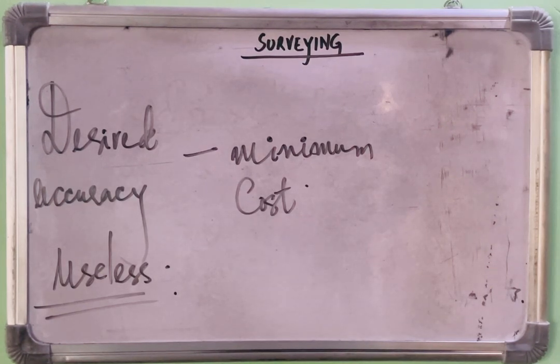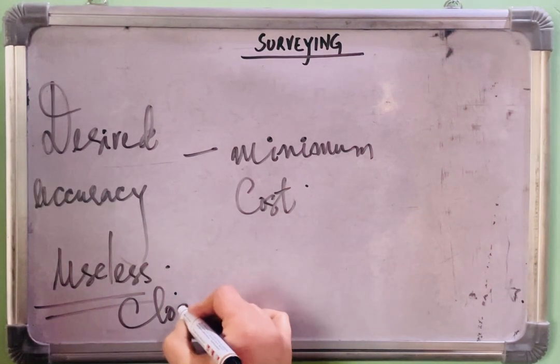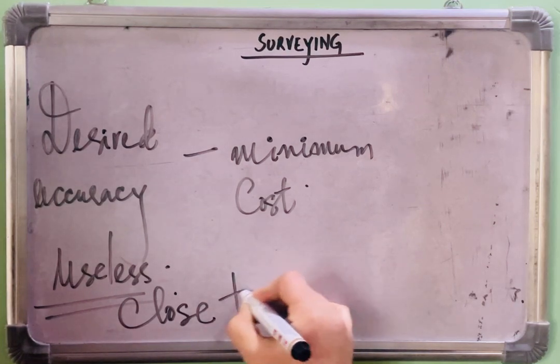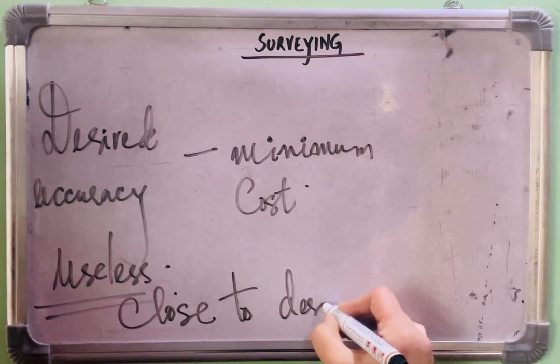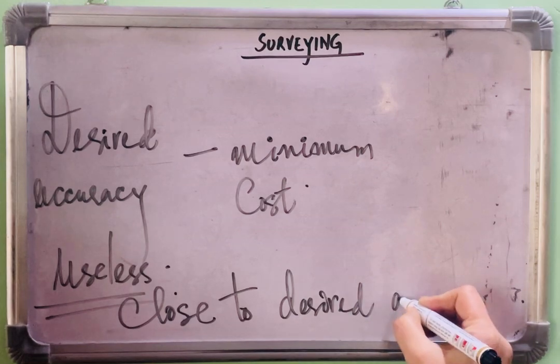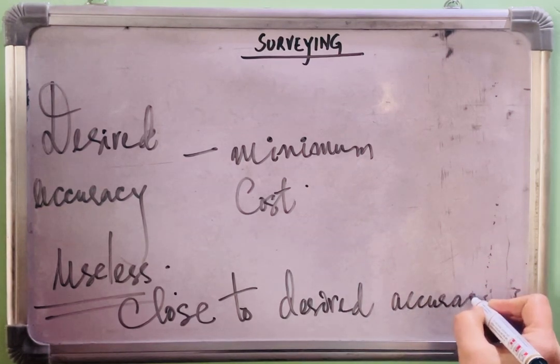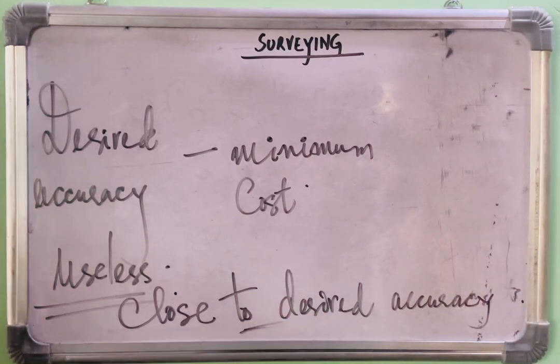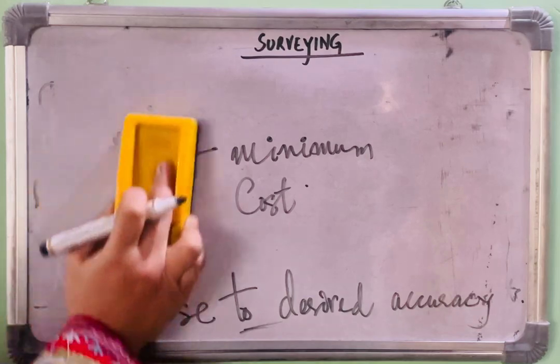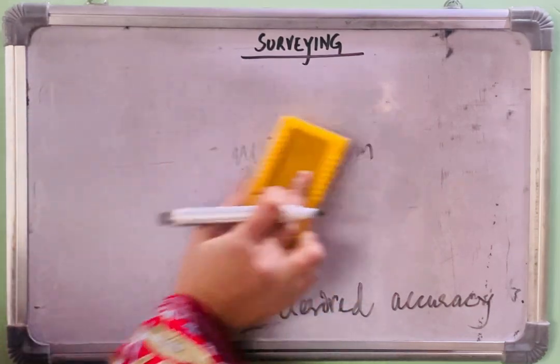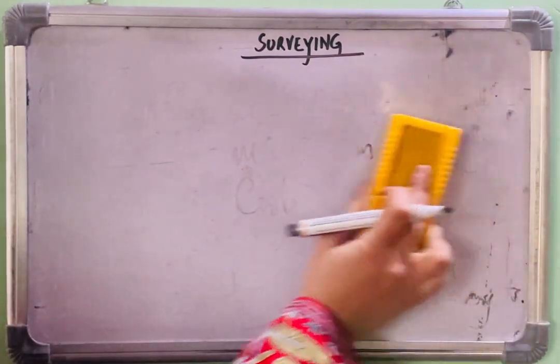So in the interest of speed and economy, a surveyor should always work as close to the required accuracy as possible. Right? So this forms the second principle of surveying, that is always choose the method of surveying that is most suitable for the purpose.